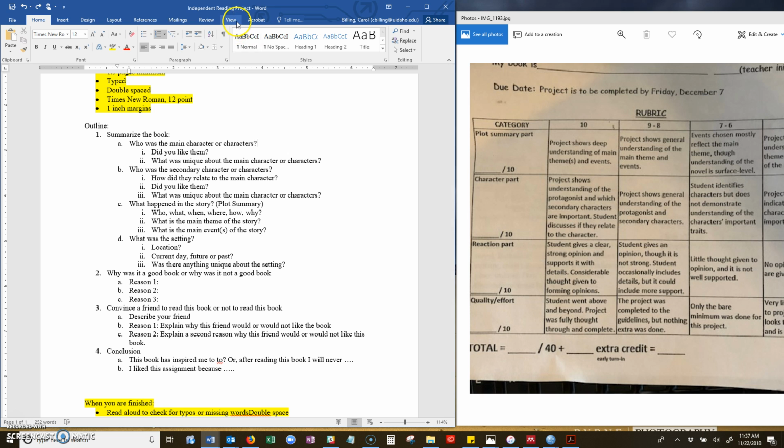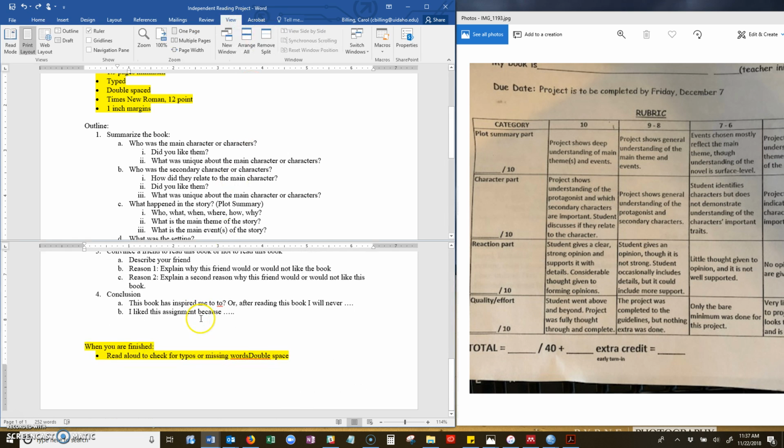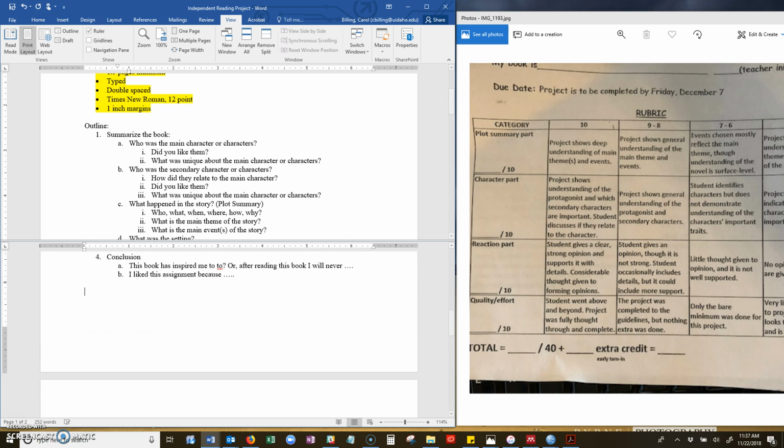Okay, if you're in Word, you can do what's called a split. Okay, so down here you could actually write it, and up here you could look at your prompts or your questions. Summarize the book. Who is the main character? I read the book, blah, blah, blah, and the main character was a boy named George.